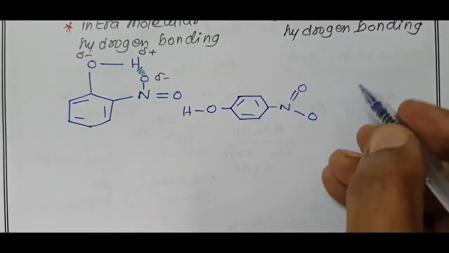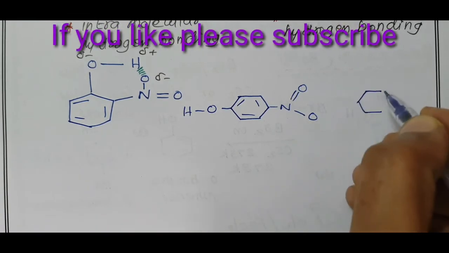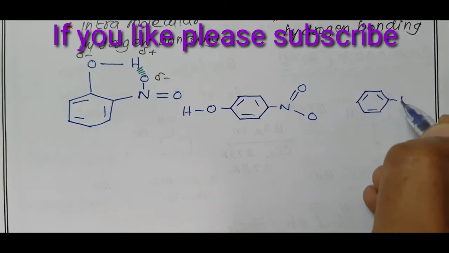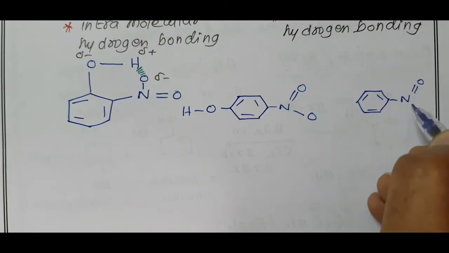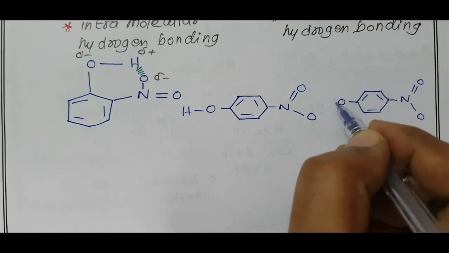One more para-nitrophenol, C6H4, 1, 2, 3, N double bond O, here O. On the opposite carbon atom, we have one OH.